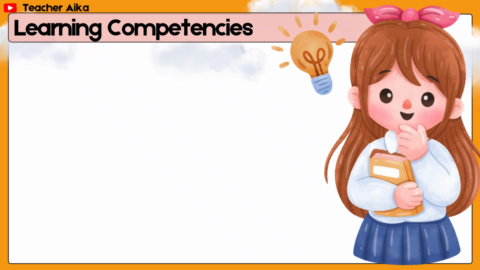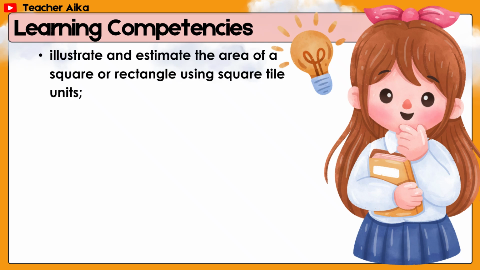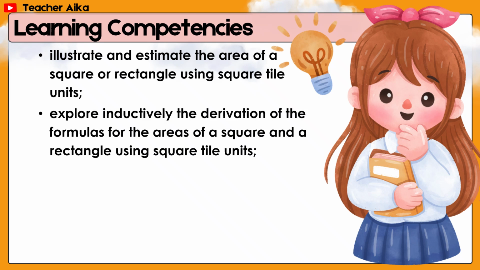Learning competencies. Illustrate and estimate the area of a square or rectangle using square tile units. Explore inductively the derivation of the formulas of the areas of a square and a rectangle using square tile units.